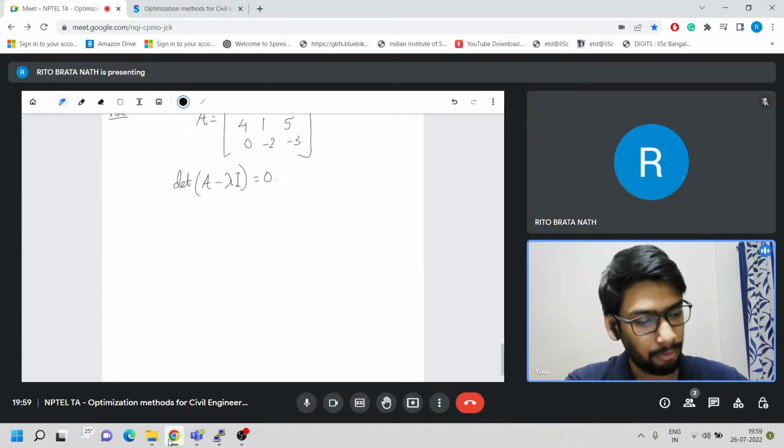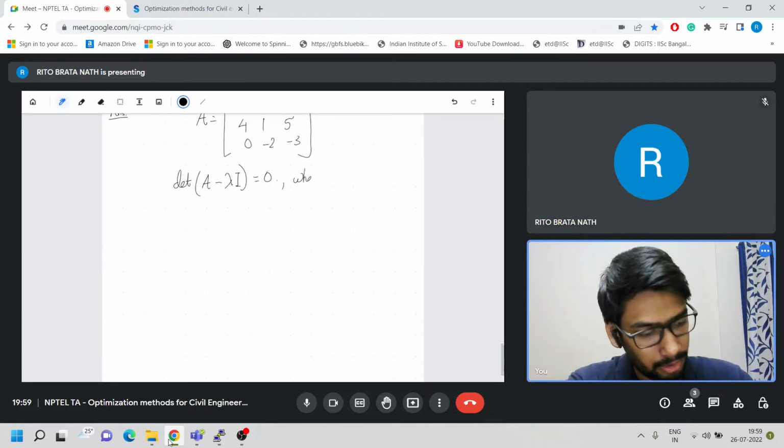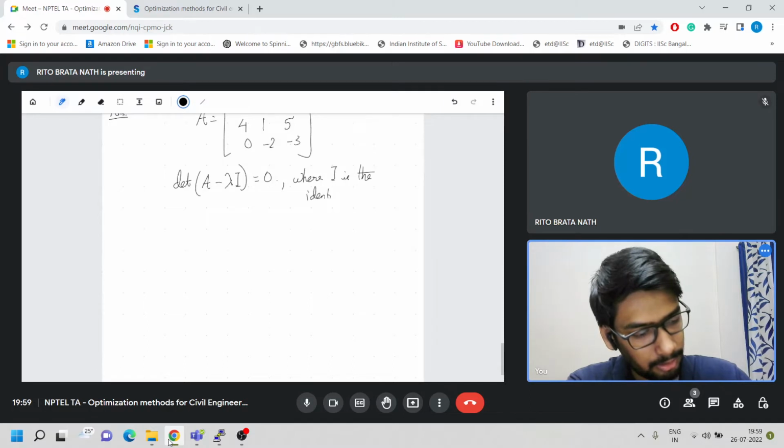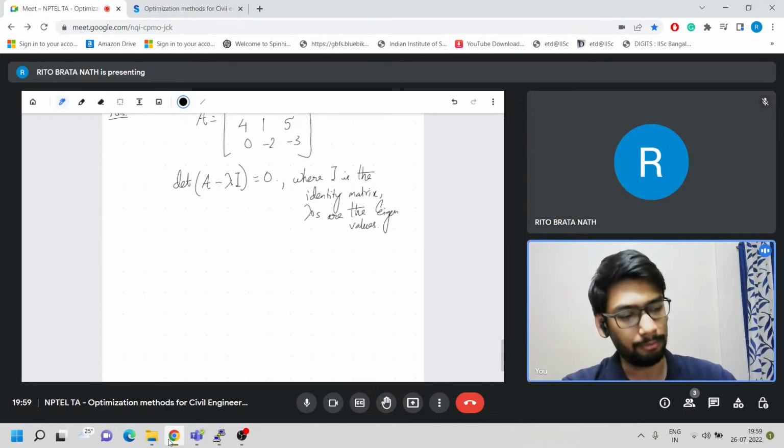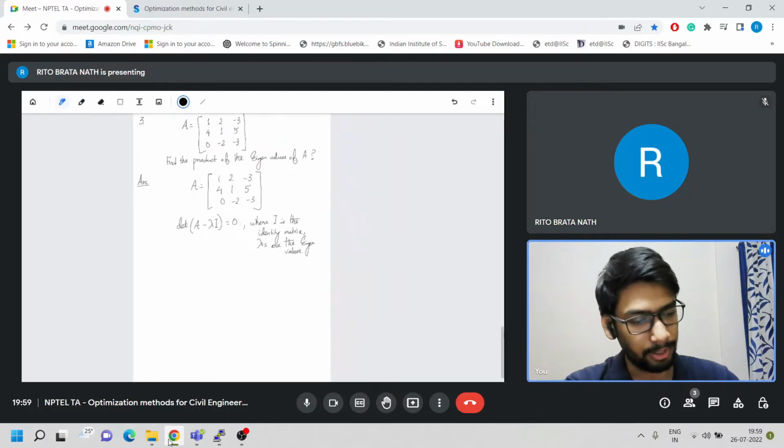Where I is the identity matrix of order 3, and your lambdas are the eigenvalues. So you'll probably have 3 roots for this equation, and you will have 3 eigenvalues, and you will need to find the product of eigenvalues.